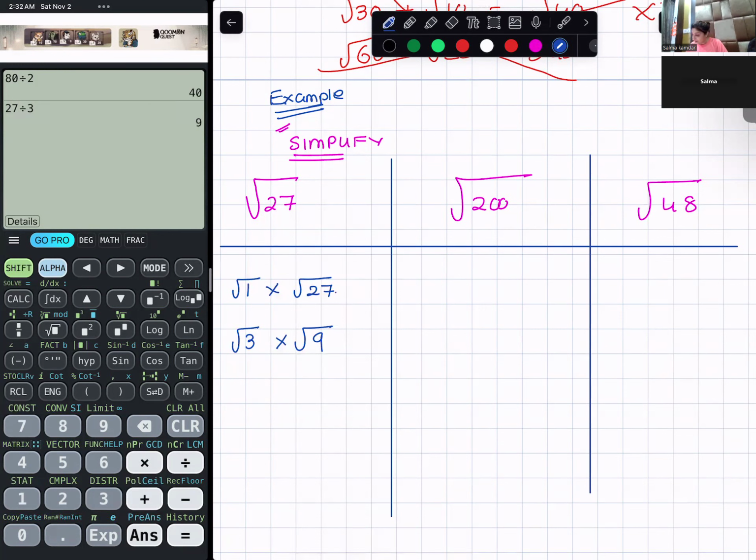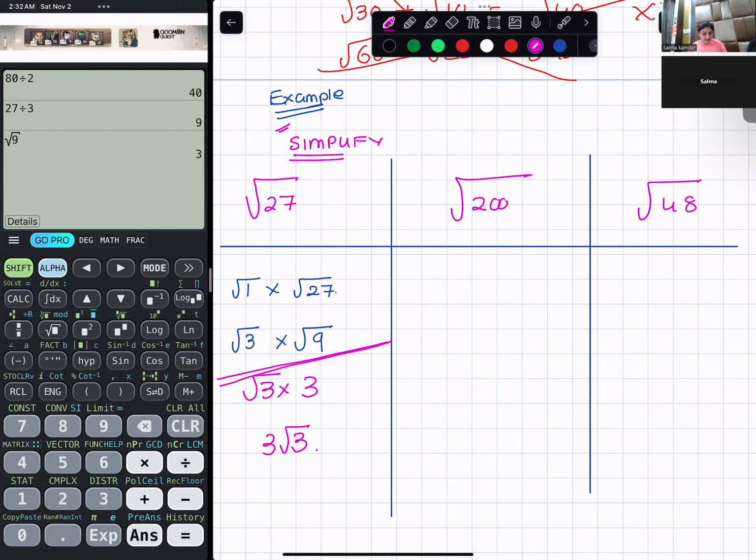Now if you see over here, 9 is a perfect square. So root of 9 is nothing but 3. So instead of 9, I can write 3 and root 3. So it is written as 3 root 3 and it is simplified.